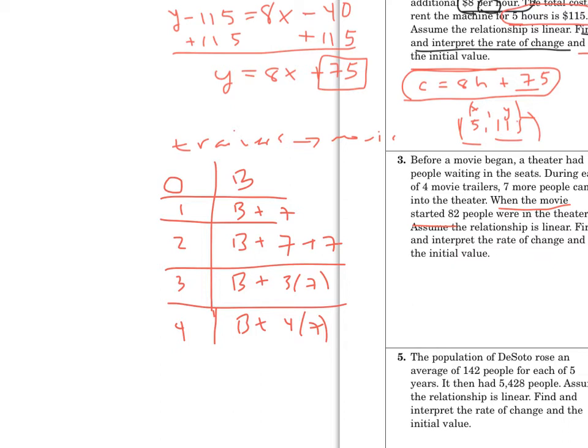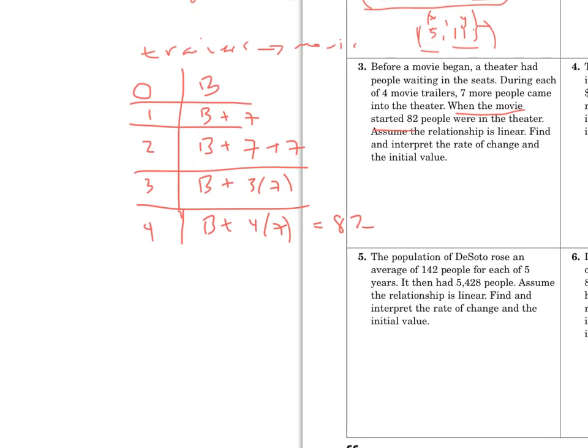And they're saying that this number here is equal to 82 people, is what I'm getting out of what they're saying. And they want to know what this number is right here, right? So that means that b plus 28 has to equal the 82.